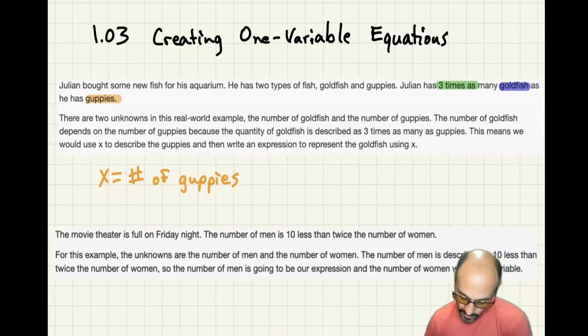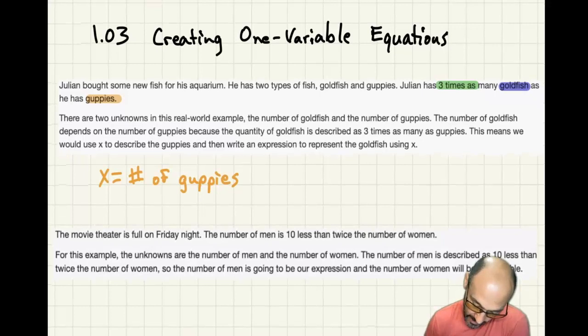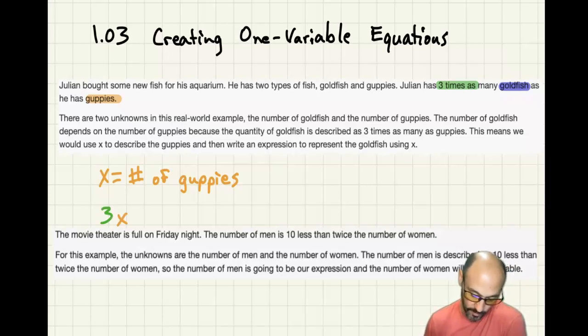So we can say that the number of goldfish is 3 times x, because it's 3 times as many goldfish as guppies. So 3 times the number of guppies equals the number of goldfish.